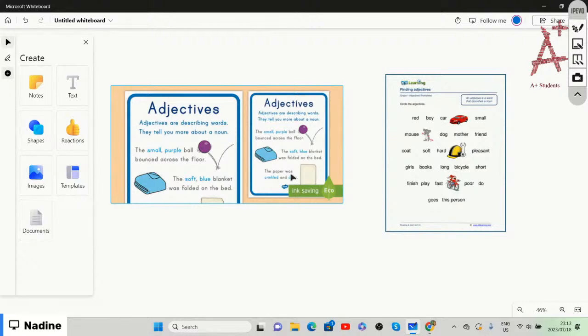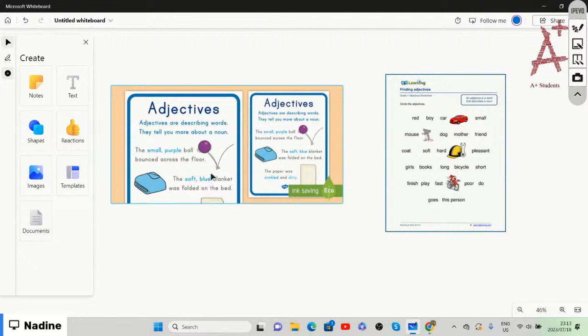Firstly, it is the small ball, or you can just look at the color, which is the purple ball. So the small purple ball bounced across the floor. So this is describing the ball, small and purple. What kind of ball? The ball is small and purple.